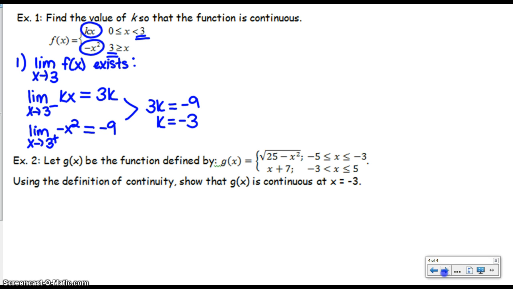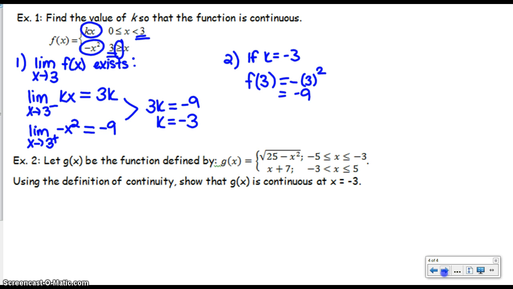And then we can check that the function value equals the limit. So we check the function value. So if k is negative 3, the function value actually isn't affected by k, because the function value comes from the second piece of the equation, because the equal sign is on the second piece. So the function value equals negative 3 squared, which is negative 9.